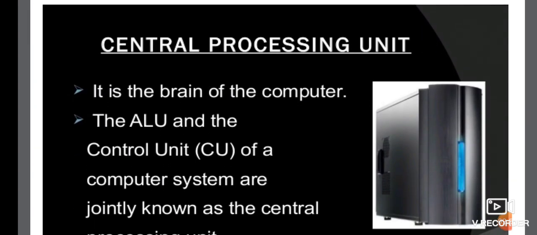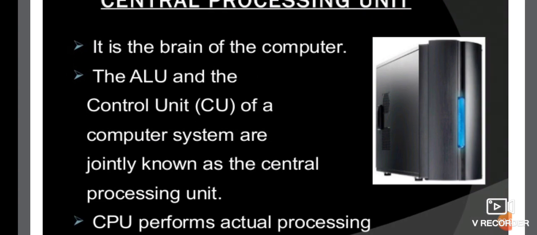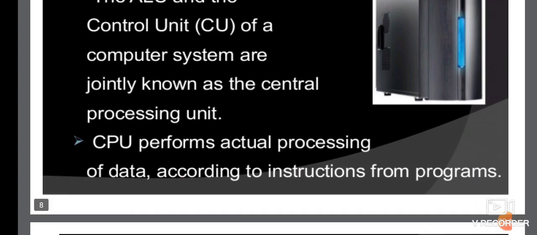Next we come to the CPU. CPU means Central Processing Unit. The CPU is the brain of the computer. The ALU, the Arithmetic Logic Unit, and the CU, the Control Unit, together are called the CPU. The CPU performs processing of data according to the instructions given to it.